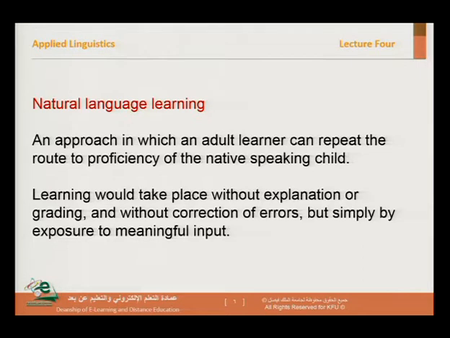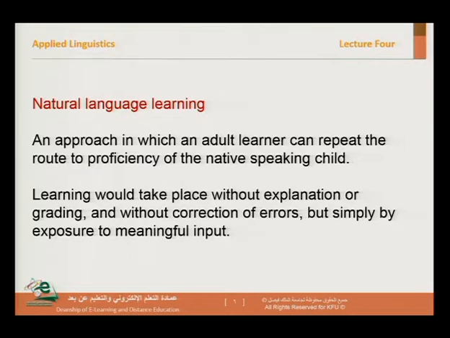And they said that, well, this is not going to work. We have got to change this method, which is the direct method, and adopt a new one, which is the natural language learning.